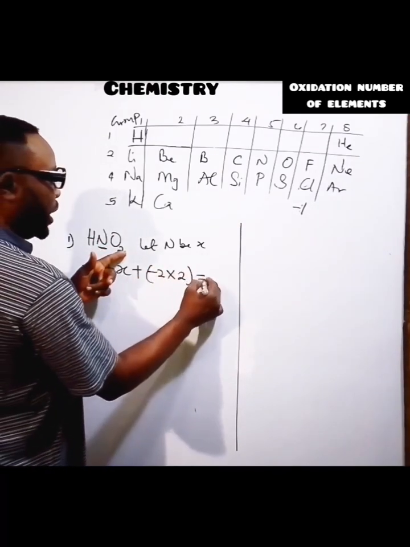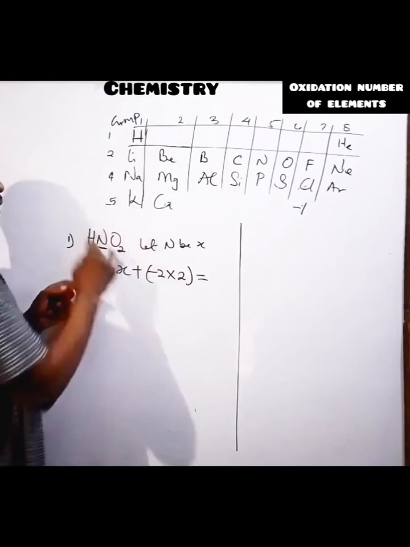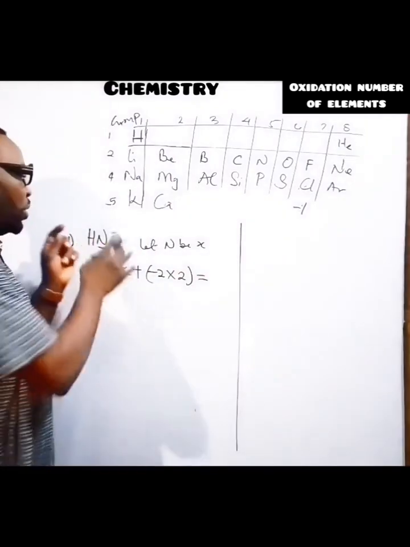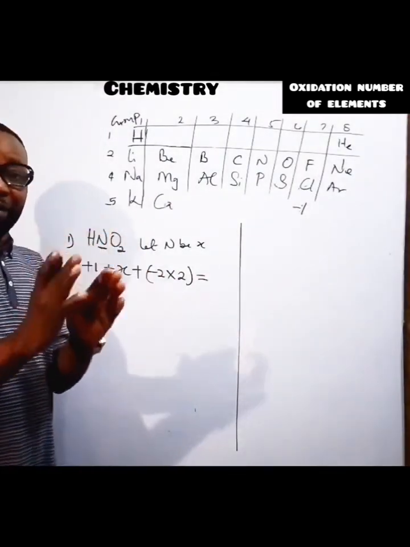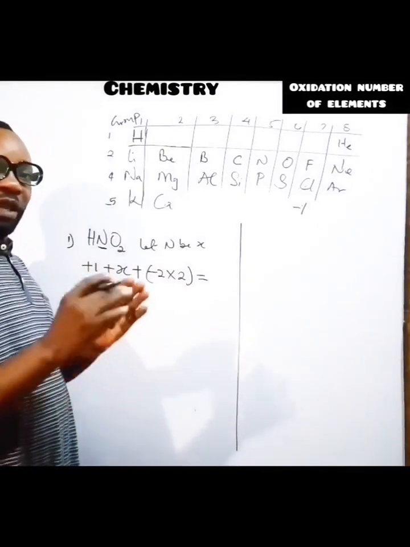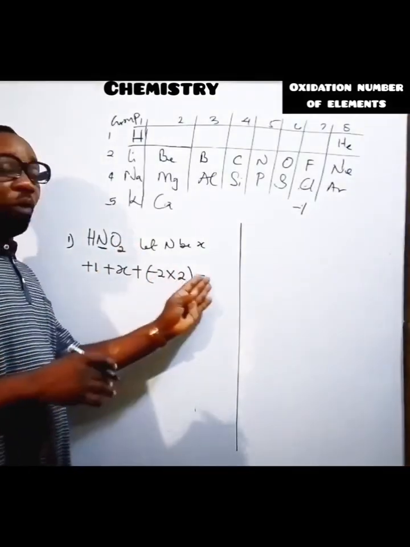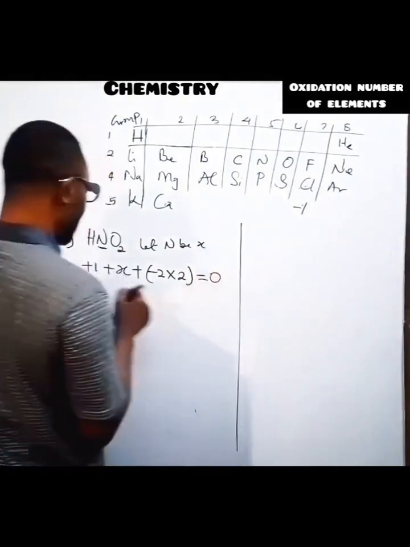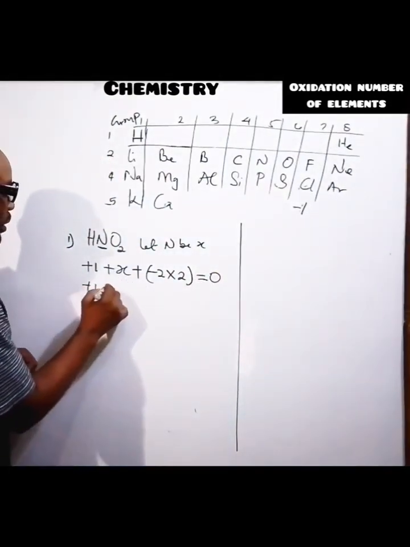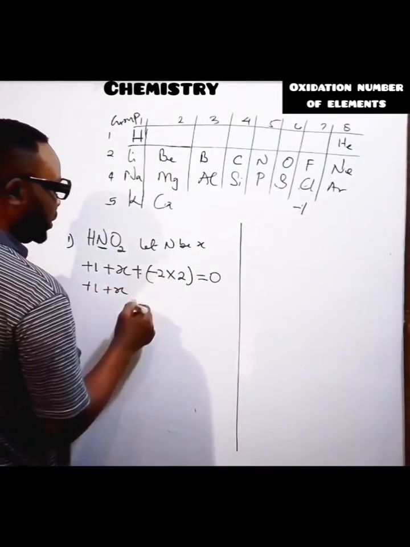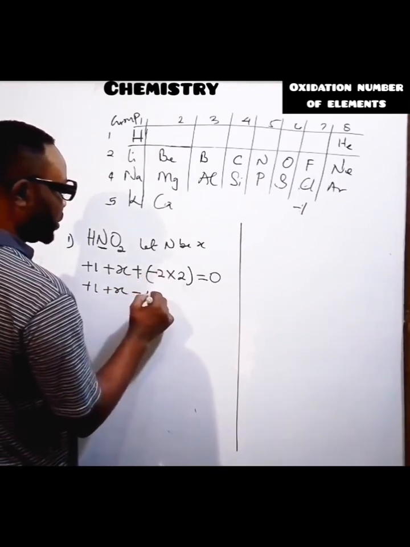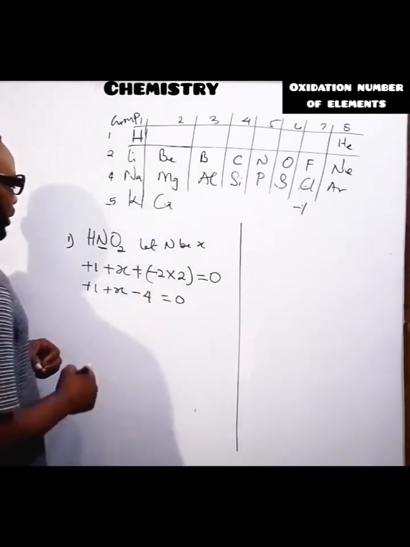2. Don't forget, the summation of the oxidation numbers of every compound in its compound state, if there are no charges on it, will be equal to 0. So we have +1 + X + (-2 × 2) = 0, that is -4 equal to 0.